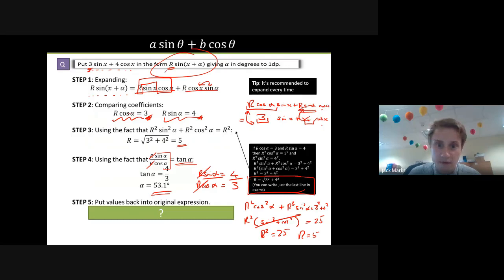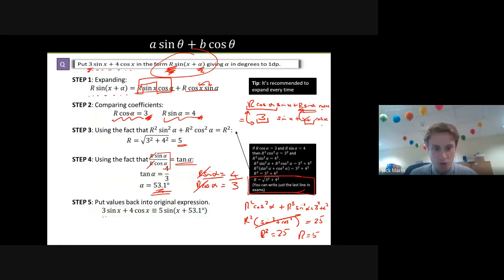So you found the stretch scale factor and you found the translation, 53.1. You put it all back together, and what you have done is you have shown that this can be rewritten as this: a stretch, scale factor 5 stretch in the y direction, and translation of 53.1 to the left.